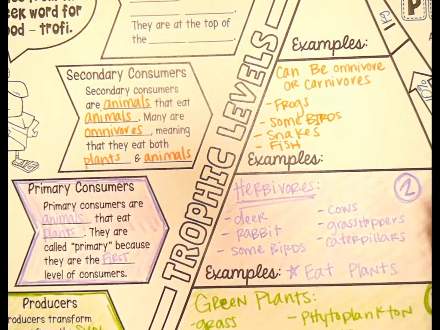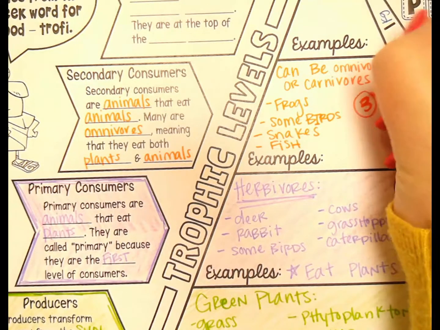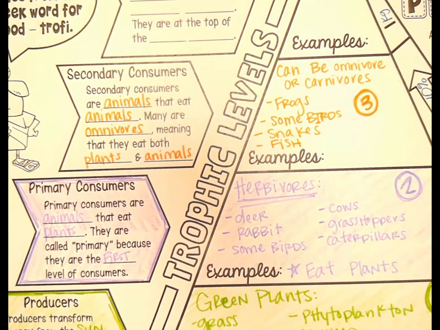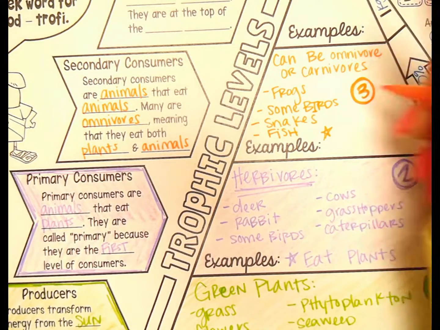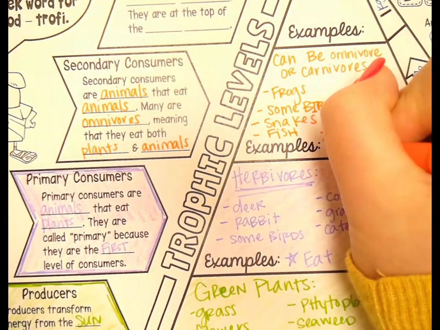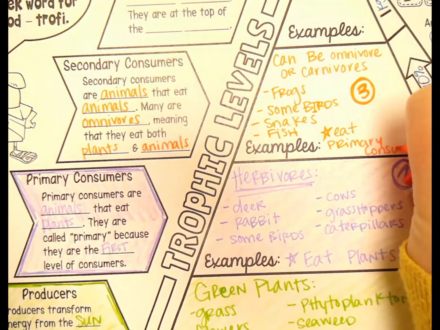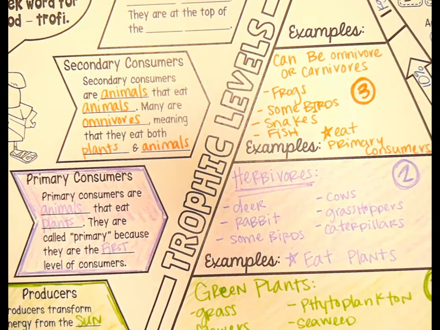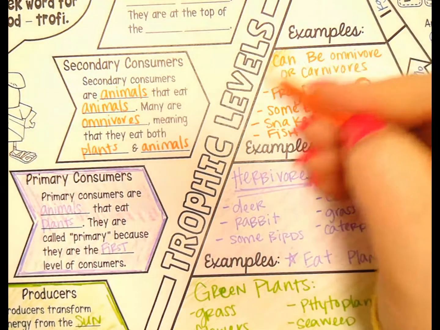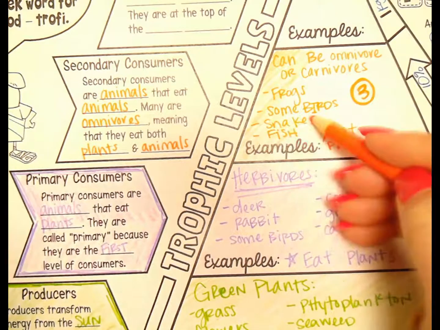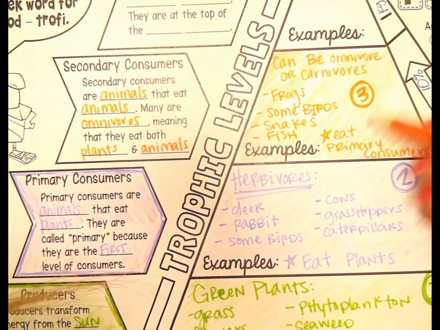And if we were going to number this, this would be the third trophic level. It's our second consumer, but it's our third level of our pyramid. These organisms, it's very important to remember, eat primary consumers. Okay, so we're going to shade in our box with orange to help us remember that all of this level information is together.